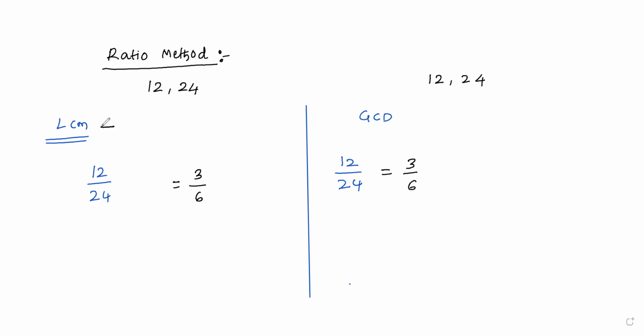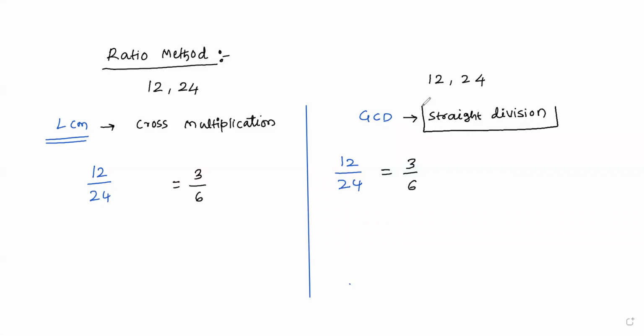Remember this point: LCM is nothing but cross multiplication, and GCD is nothing but straight division. We are using these two terms in LCM and GCD respectively.